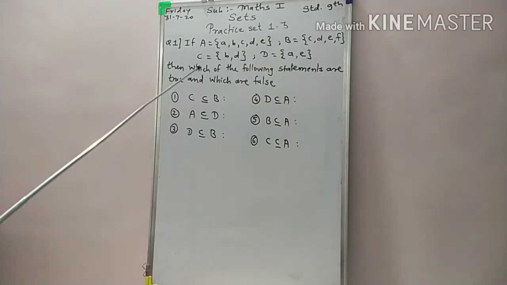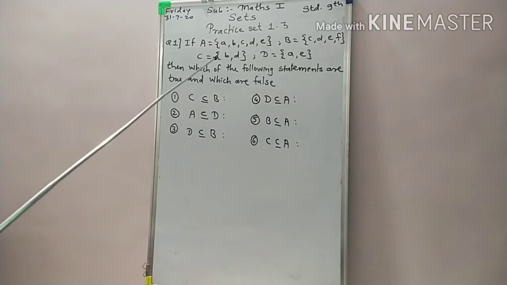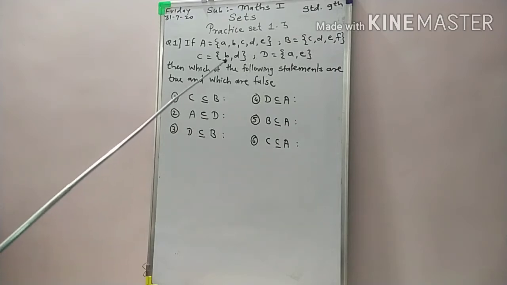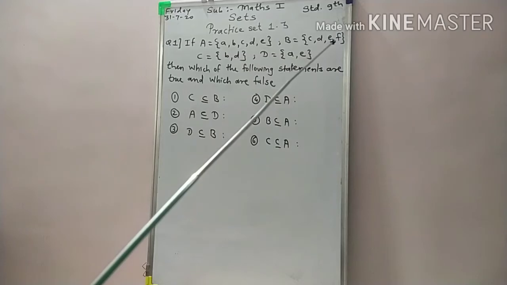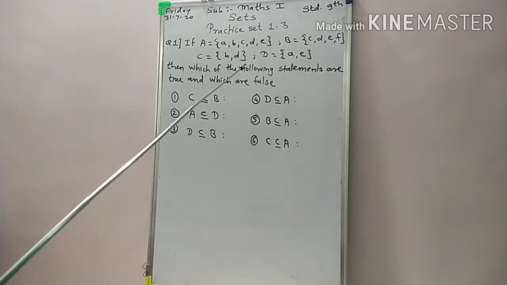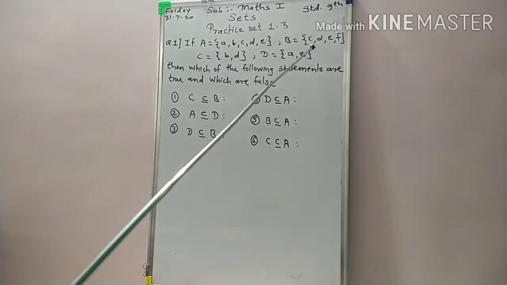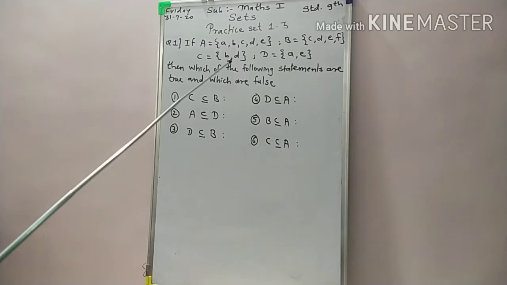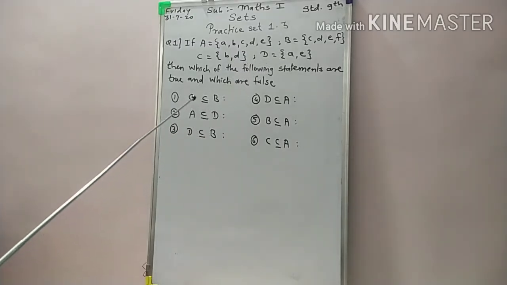So here, students, C has 2 elements, B and D. Are both elements in B? Set C has B and D, and B has C, D, E, F. As you notice here, the element D, which is in C, is in B, but the letter B is not in set B. So what does it mean?